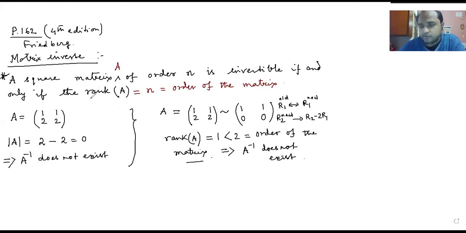We shall try to figure out whether the inverse of the matrix exists or not by calculating the rank of the matrix. So I have selected a problem for you from the exercise, referring to page number 166 of the 4th edition of Friedberg.